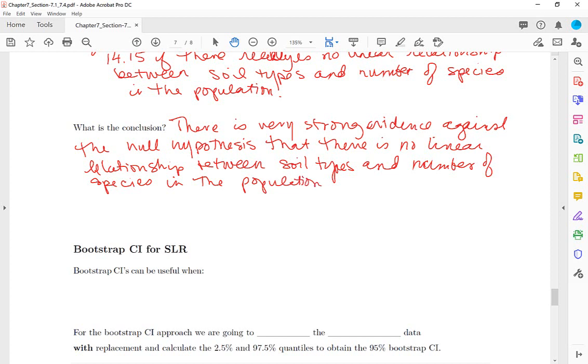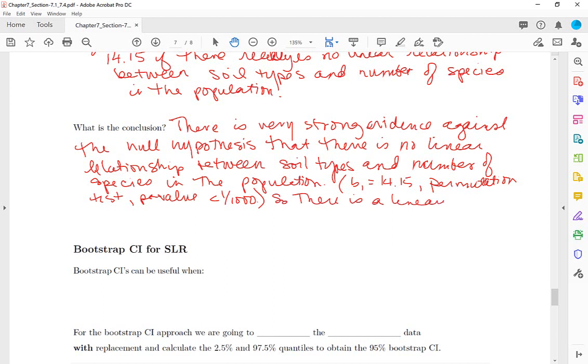And this is based on our slope of 14.15 using a permutation test and a p-value of less than 1 out of 1,000. So there is a linear relationship between these variables.